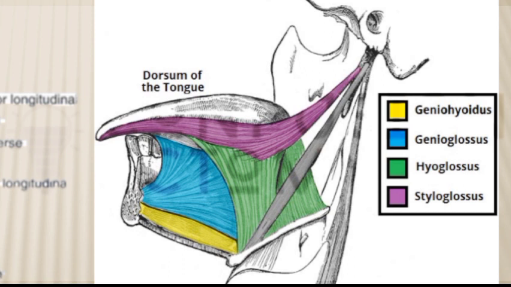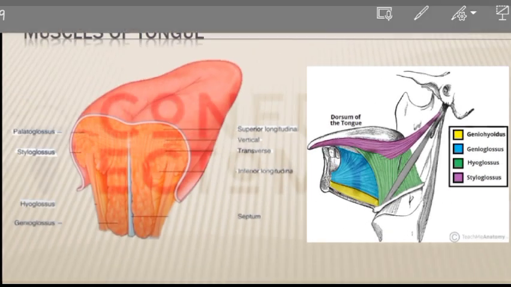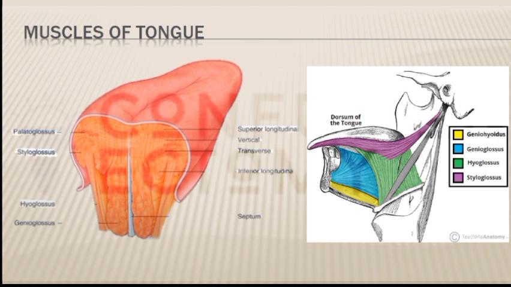The muscle in green is the hyoglossus muscle, which is attached to the hyoid bone; the origin of this muscle is the hyoid bone. And the muscle in blue is the genioglossus. The origin of this muscle is the genial process of the mandible.